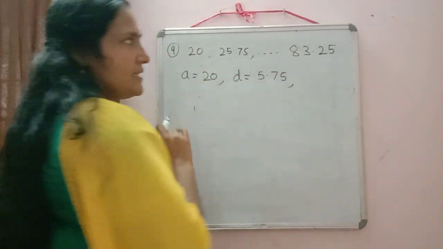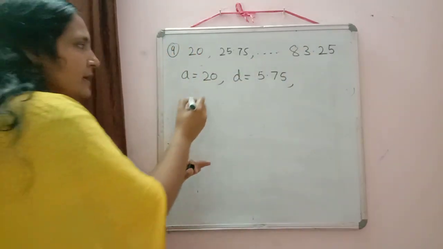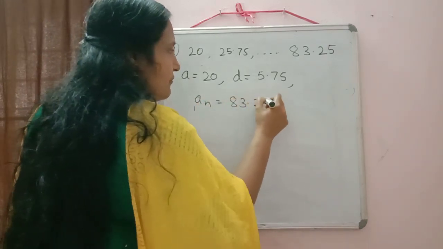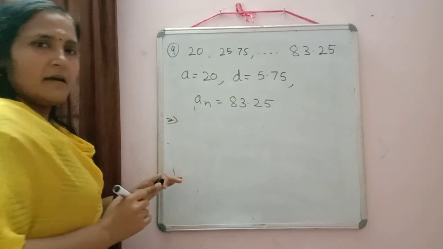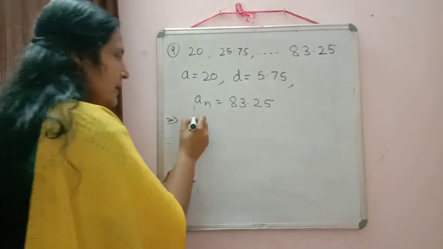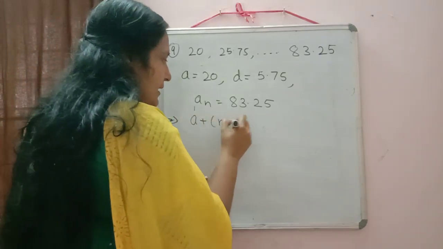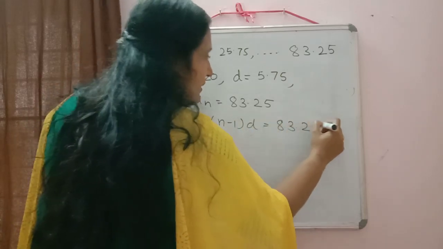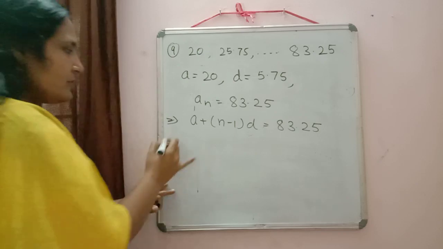And this we will consider as our nth term. An is equal to 83.25. Now we will substitute the value. Formula is A plus n minus 1 into D is equal to 83.25. Substitute the value.